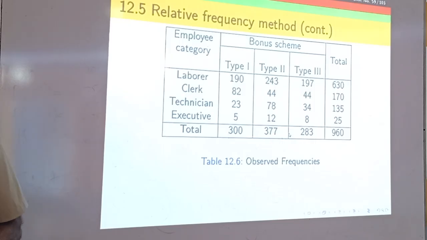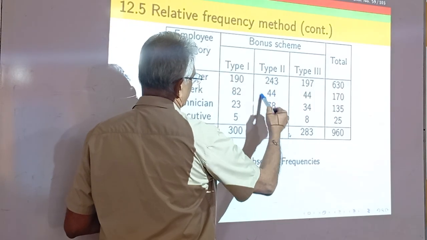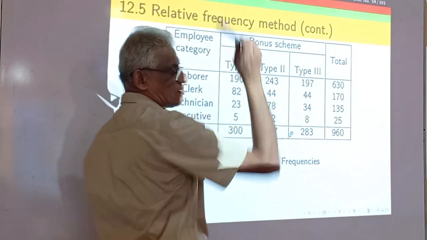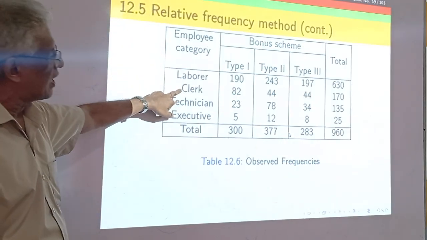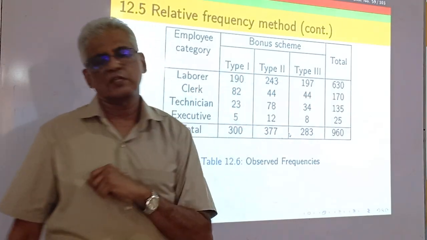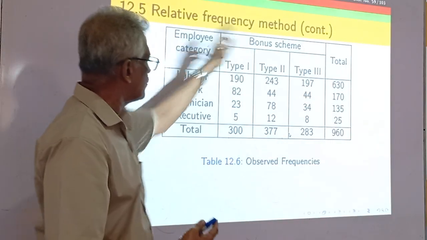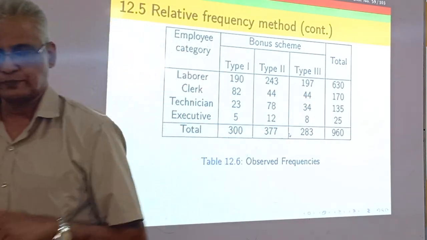In that case, you are looking at this cell here. Both happening. The person has to be a clerk as well as have type 2. If you define being a clerk as one event and having type 2 as another event, we are looking at the probability of the intersection of those two, which is equal to 44 divided by 960.